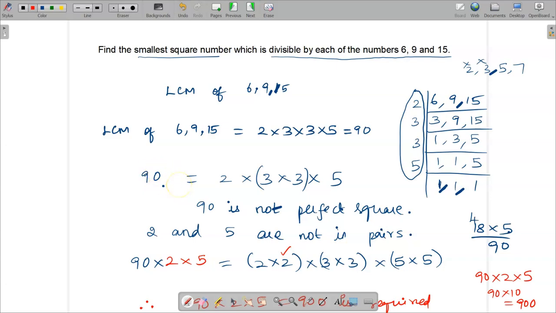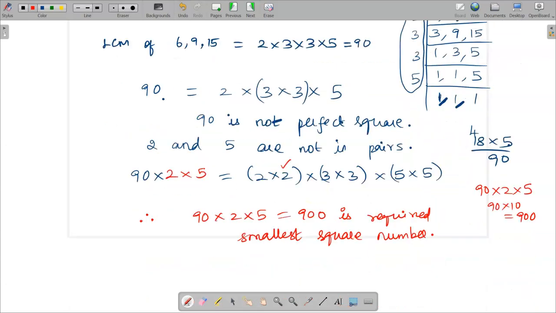If it is not a perfect square, in order to make that number a perfect square, you just find out the terms we have to multiply, multiply by those prime factors and find out the number. So that will be the smallest square number, and 900 is divided by 6, 9 and 15, so it satisfies the condition.